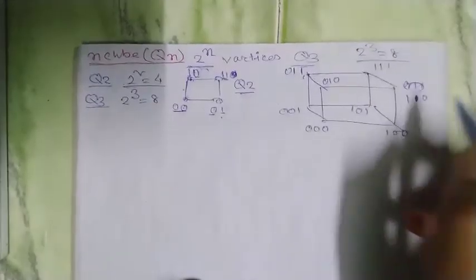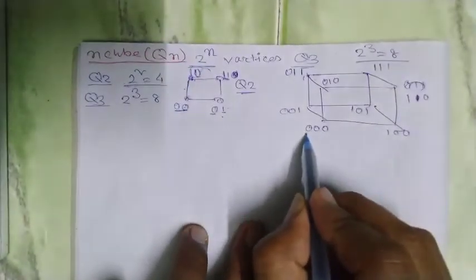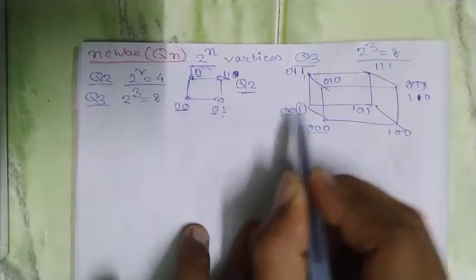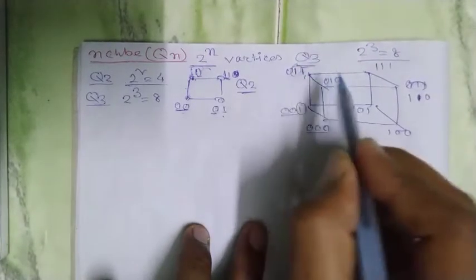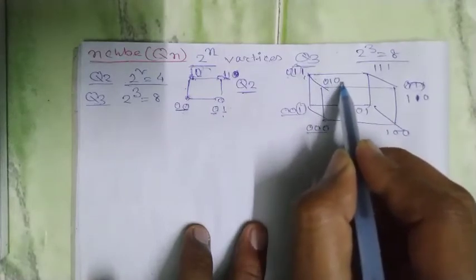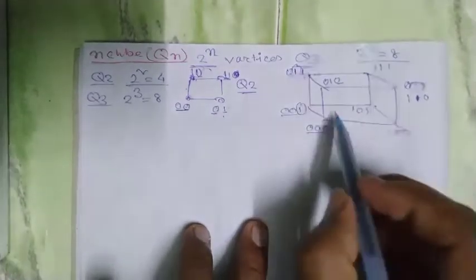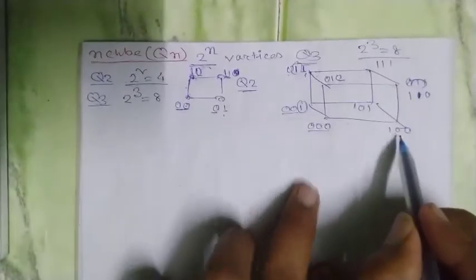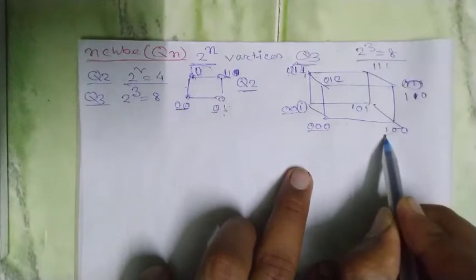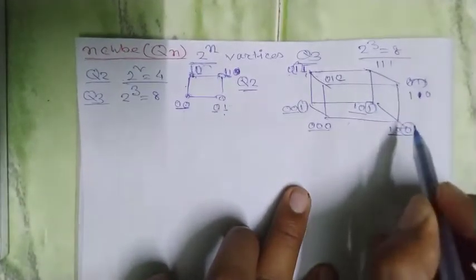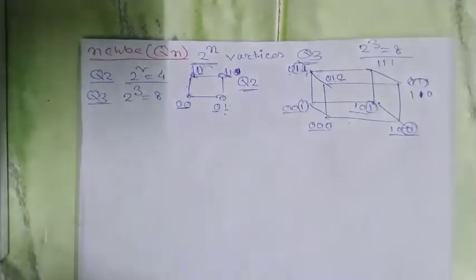So 000 and 001, there is a difference of 1 bit here, also 1 bit, and there is a difference of 1 bit here and here, and we can see further. I am just doing one more, 100101, so a difference of 1 bit here and here, that's why these 2 are adjacent like this.